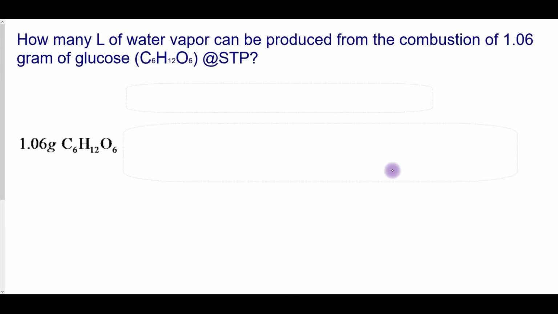This problem has 2 parts because it tells us we have grams of glucose and we want to end up with liters of water. That means we need a balanced equation and we don't have one. That is the first step: to write the equation of combustion of glucose. Pause the video and try to write that equation.